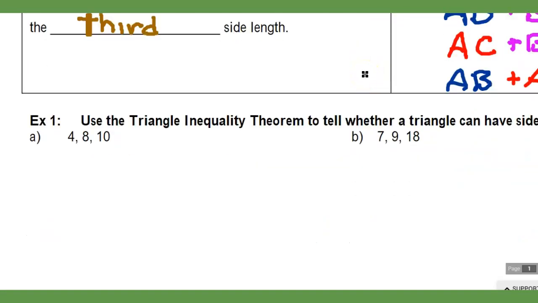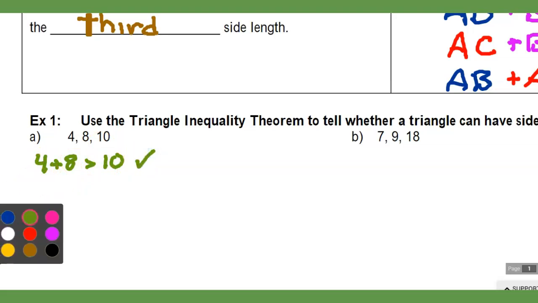Zoom in. There we go. So we'd look at each one of these and test all of them. So it doesn't matter which order, as long as you cover all your bases. Is the first two added up to something bigger than the third? In this case, 4 plus 8 is bigger than 10, so that's good. And you just keep on going until you've checked everything.